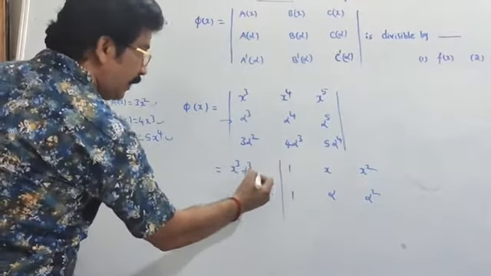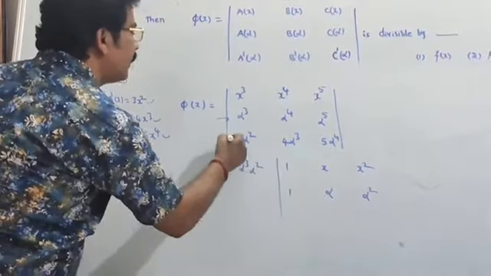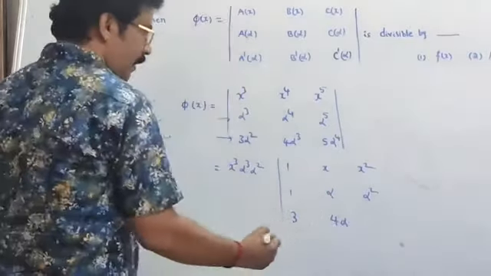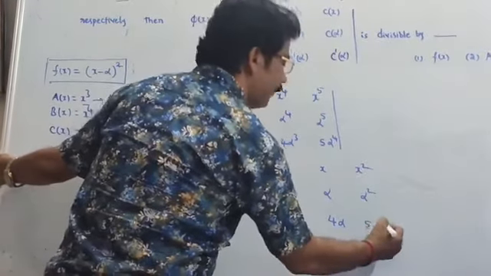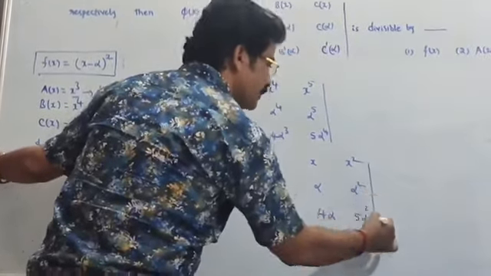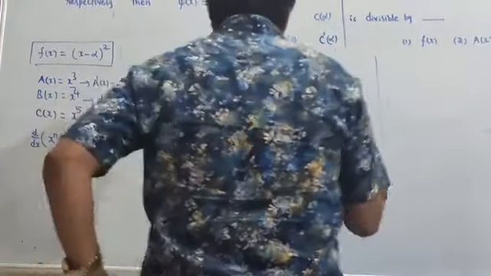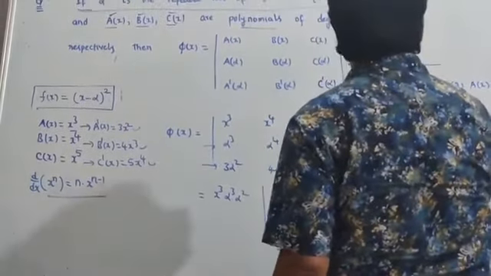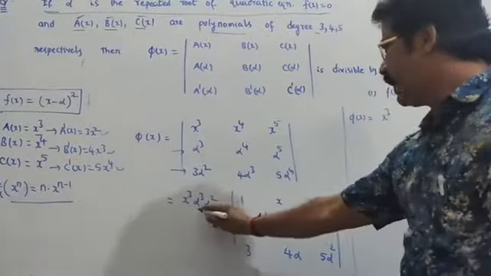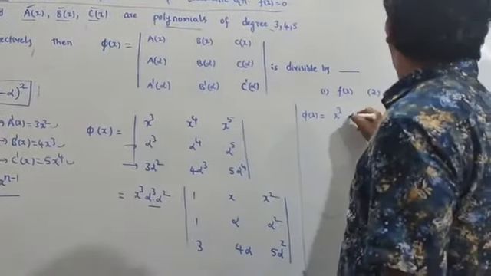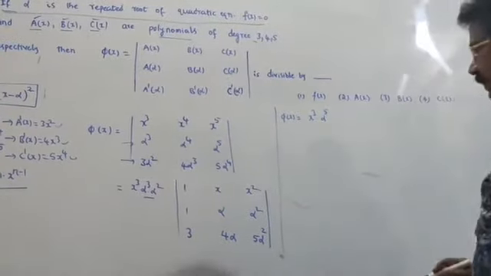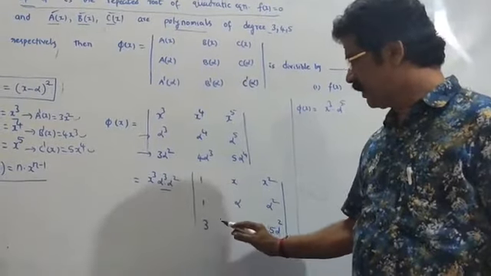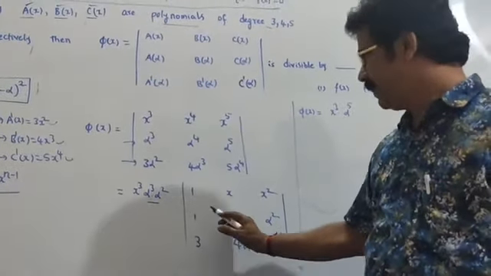Next, alpha square is common from R3, next 3, 4 alpha, 5 alpha square. So phi of x is equal to x cubed into alpha square, alpha to the power of 5. Later we can perform R2 minus R1, or we can expand the determinant directly.